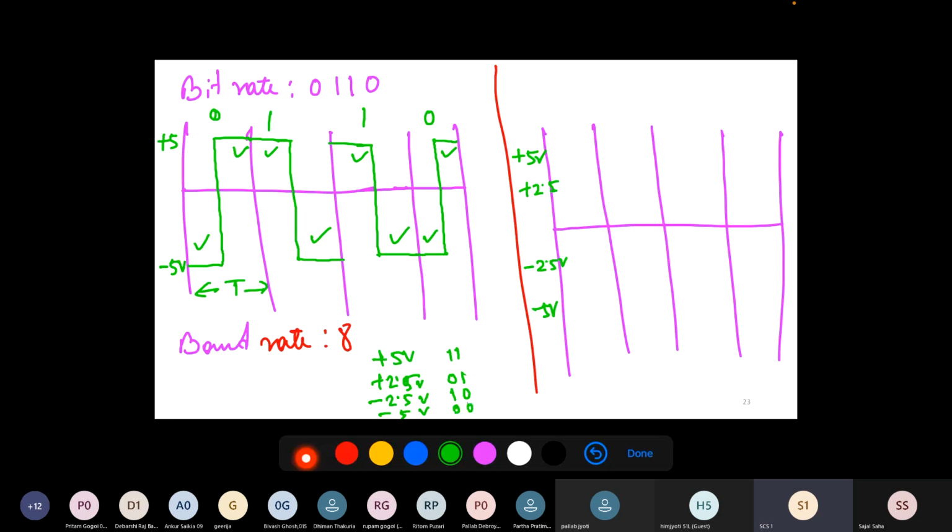Now, if I consider this one, my bit rate is what? First, I am taking 0 1. Now, how should the 0 1 be represented over here? Through which voltage level?